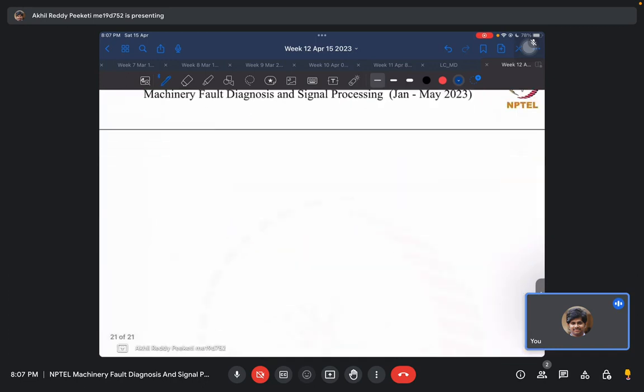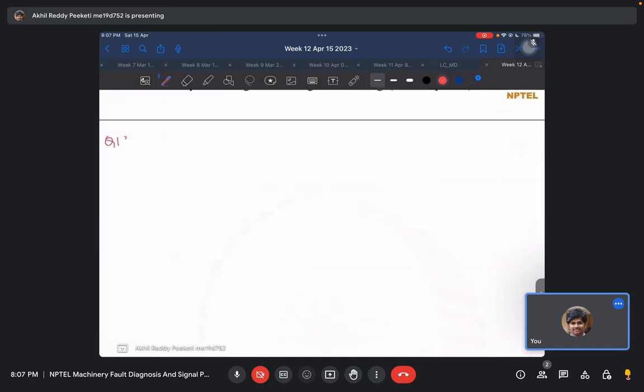Let's move to the next question. Which device can we use to measure percentage composition of chemical elements?